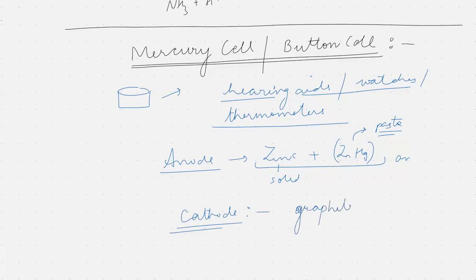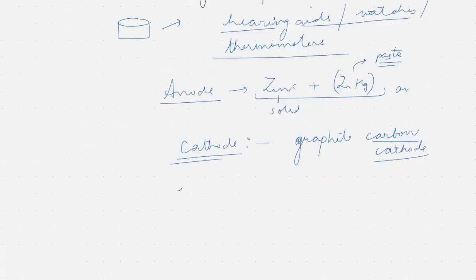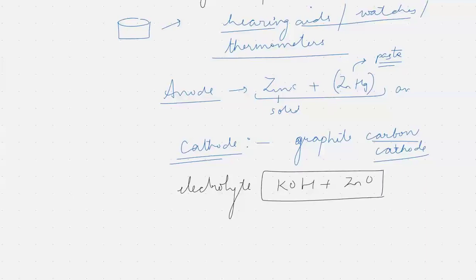We call it a carbon cathode. Are we understanding my point? Yes. Okay. So that is the idea. And what is the electrolyte here? The electrolyte, you have to remember, is going to be KOH and ZnO. So we are going to have KOH plus ZnO.